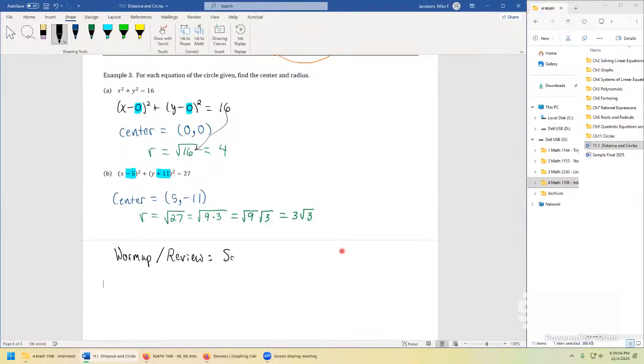Instructions will be to solve by completing the square. And the equation we'll solve is 3x squared plus 27x minus 18 equals 0.